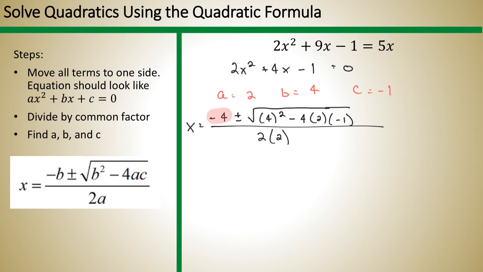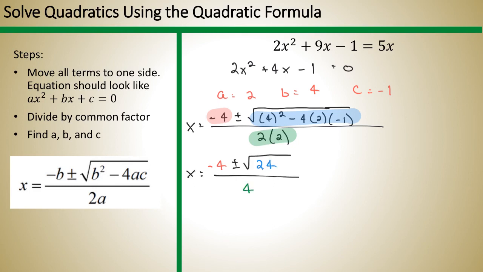So we're going to do this part, and this part. So that's going to give me x is equal to negative 4 plus or minus the square root of, 4 squared is 16, plus 8, so that's going to be 24. And all of that is over 4.